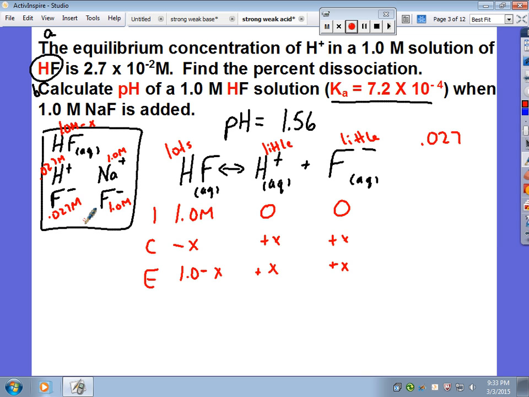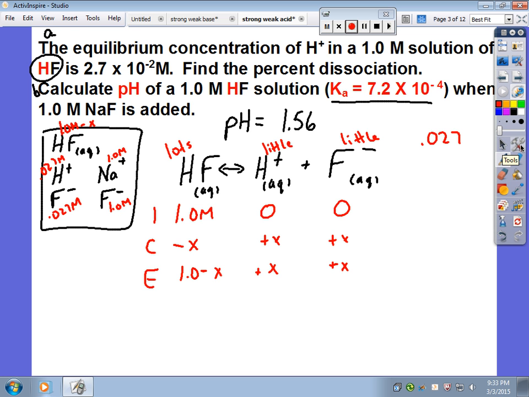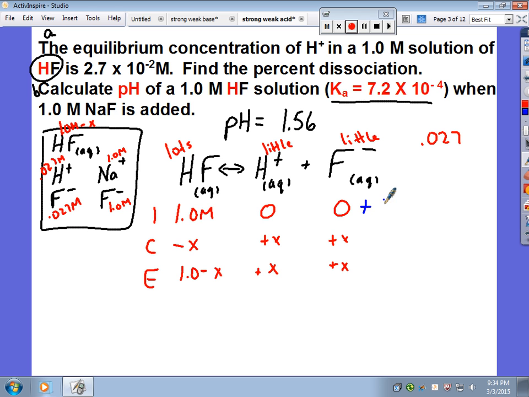So what's happening here is, let me use a different color. From sodium fluoride, I have 1 molar. Aren't I getting fluorine from this right here? I have 1 molar fluorine.